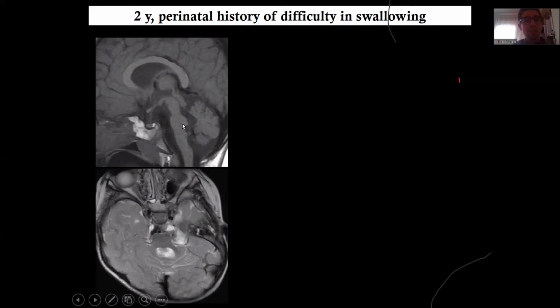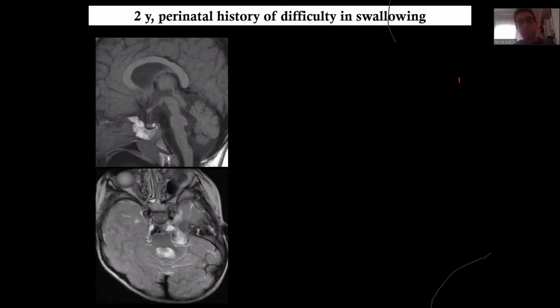So in this case, here, you have this hunchback pons, and the pons is very flattened anteriorly. So you have this abnormal shape of the pons. Probably the cerebellum is also abnormal.